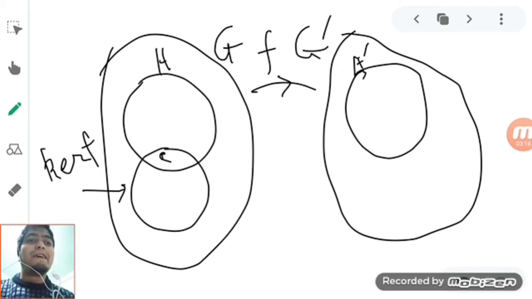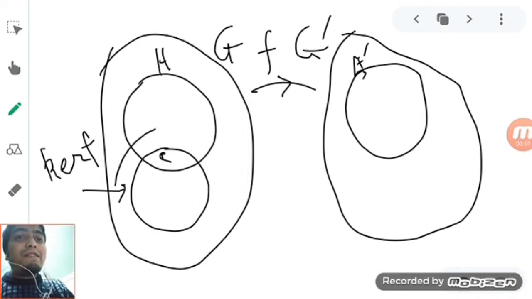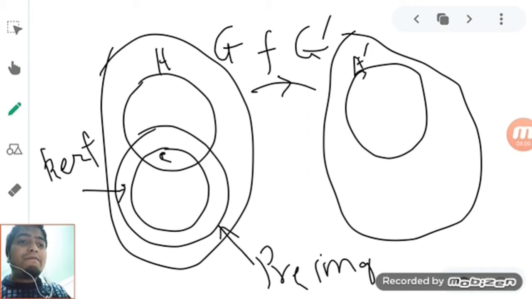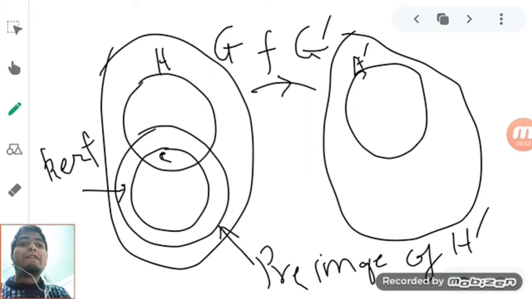So what does this theorem say? This theorem says that the pre-image of H dash is a set, and if you take the pre-image of this set under f, it will also be a subgroup of G. Again, it will have some intersection in common, and not only that, this pre-image of H dash will contain the kernel.